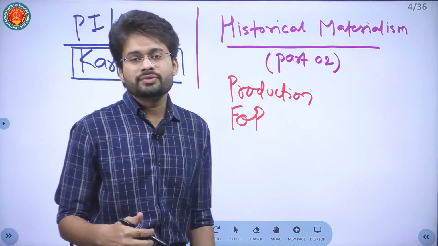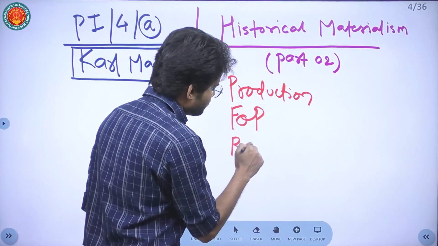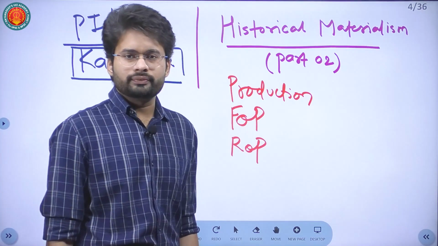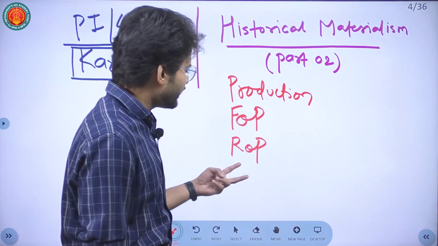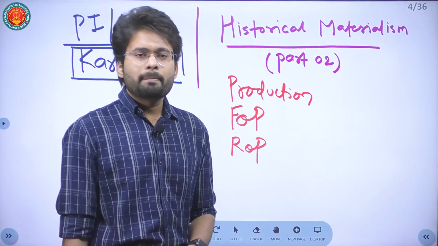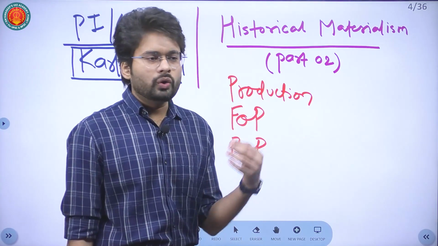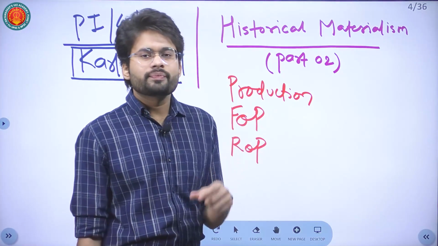As we involve ourselves in the production process, we automatically get involved in the relations of production, which are of two types: man to man and man to thing. Man to man is about haves and have-nots. Man to thing is about the ownership of that produce.